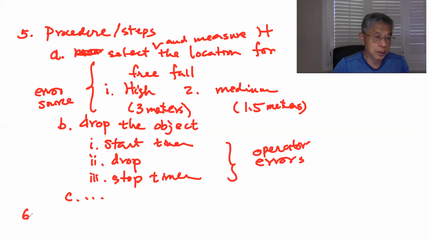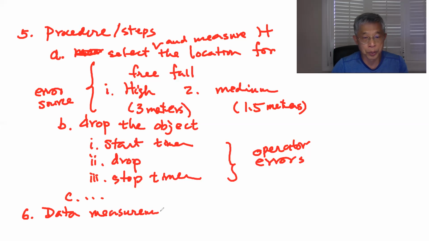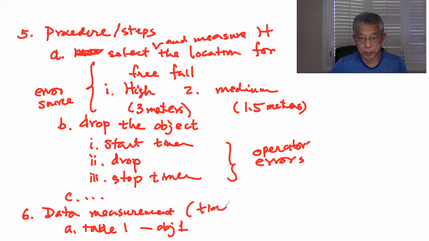And number 6, the data measurement. So what do you measure? So you need to have your table here. So you want to say like a table 1. So this is basically your object 1. And then what do you measure? So you maybe measure the time duration for the free fall.